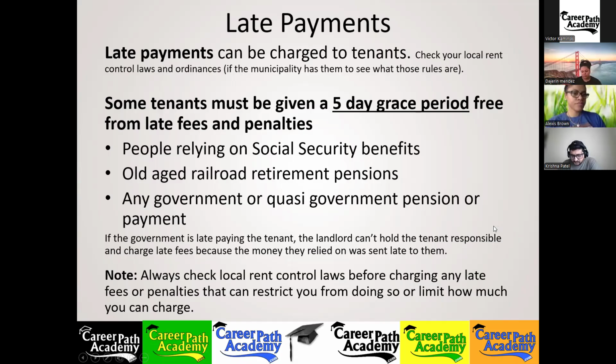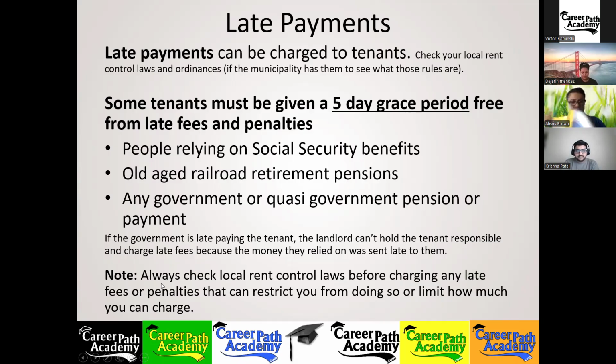People relying on Social Security benefits, old age railroad retirement pension plans, any government or quasi-government pension or payment, they have to be given a grace period of 5 days, because if the government is late sending their payment, then you cannot hold the tenant liable for paying late because they didn't get their pay yet. So government's allowed a grace period of 5 days.